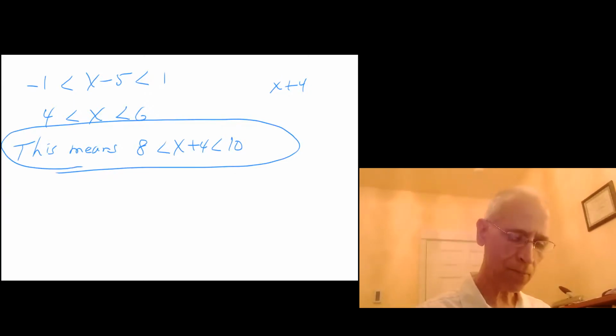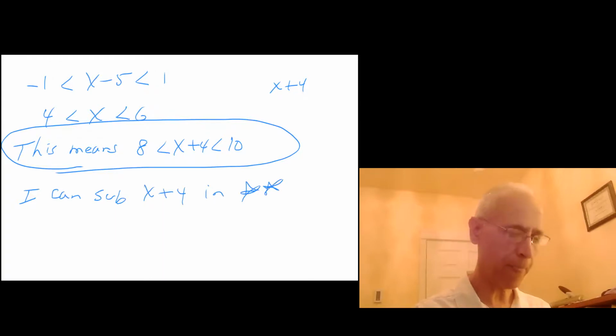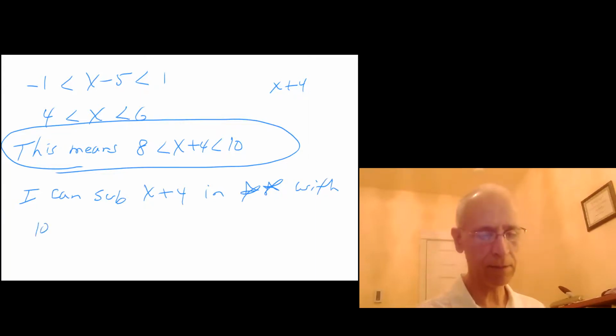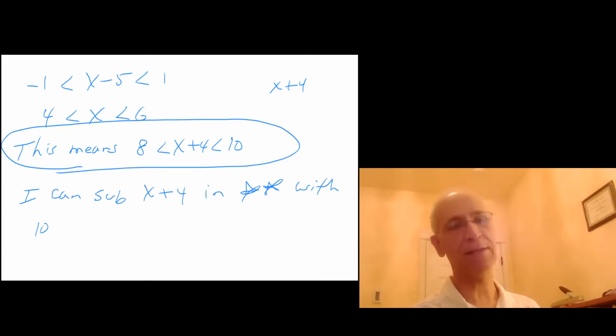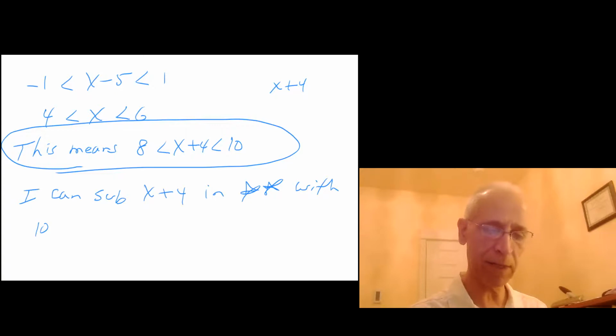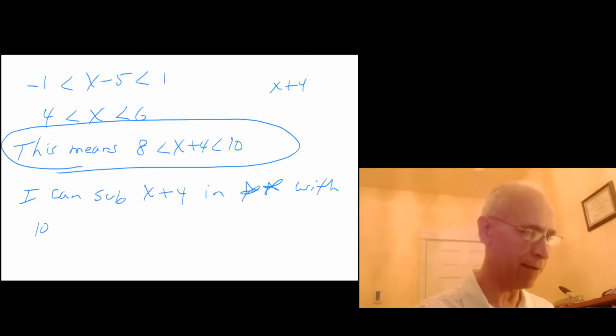Okay. Now I can substitute for the x plus 4. I can substitute 10 for x plus 4 in star star, because we said that x plus 4 is smaller than 10. So it can't even be 10, but I can exchange it with 10 just to be safe.